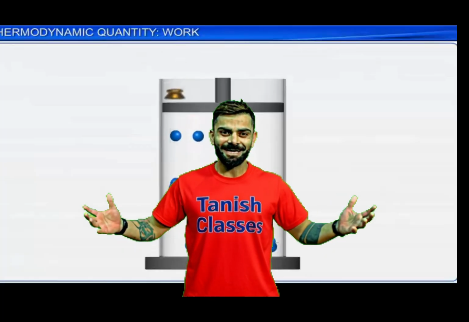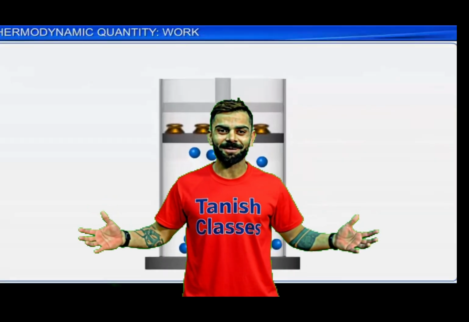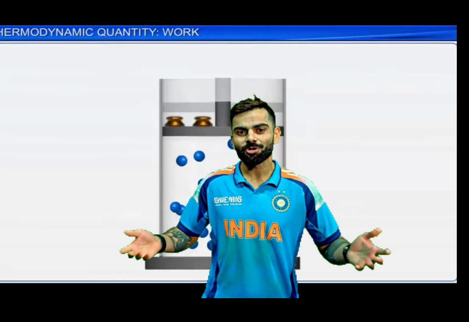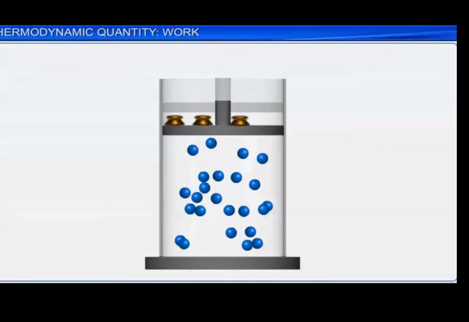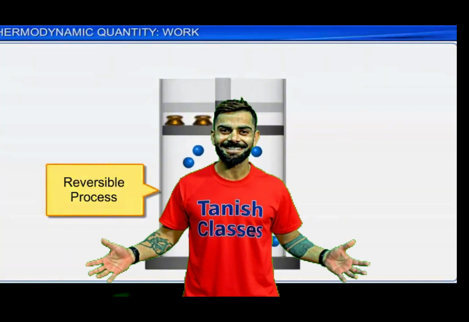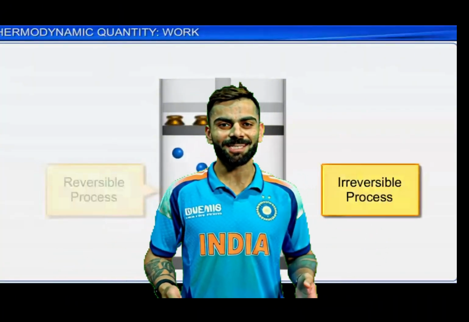Now, let's place few grains of sand above the piston and allow the gas to compress by adding 1 grain of sand at a time. Here, the process is so slow that it can be easily reversed by removing 1 grain of sand at any time. This is known as reversible process. Processes which are not reversible are known as irreversible processes.